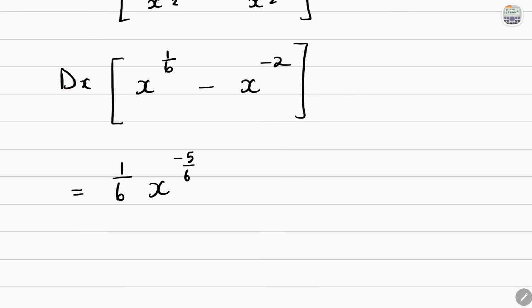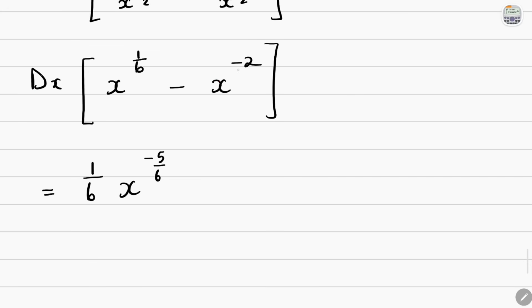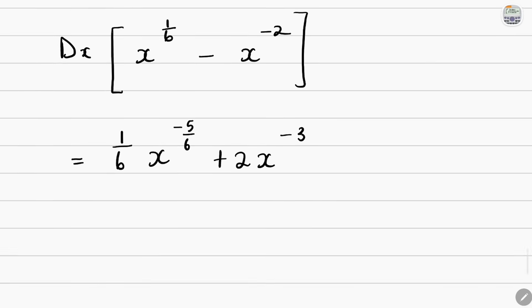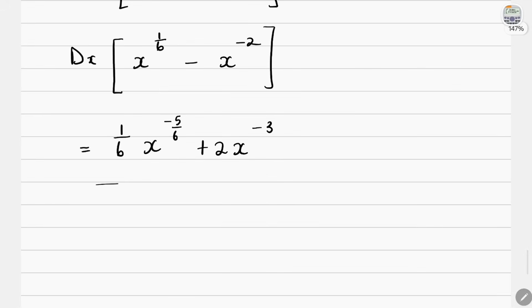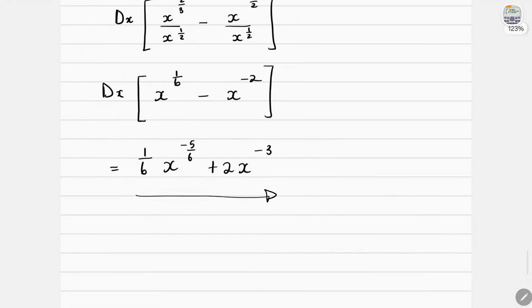That's what we get there. And then coefficient times exponent, that's a negative 1 we have there, invisible 1, multiplied by negative 2, and that's positive 2. And we have x raised to the power of exponent minus 1. Negative 2 minus 1 is negative 3. And there we go. This is our expression derived using the rules of differentiation.